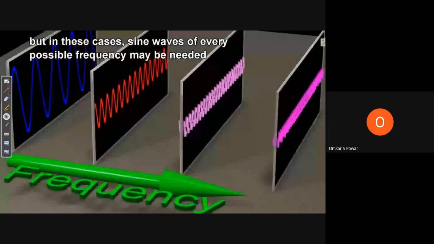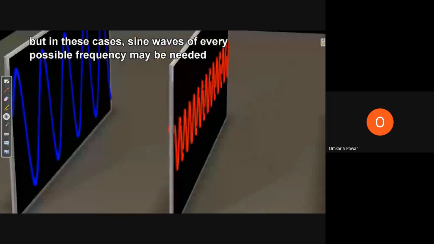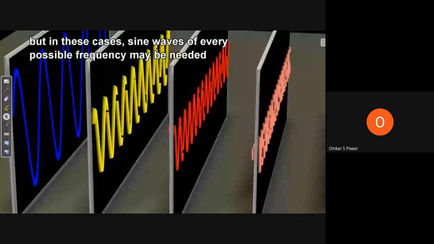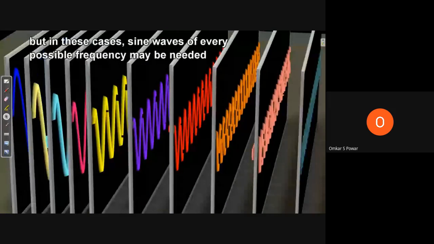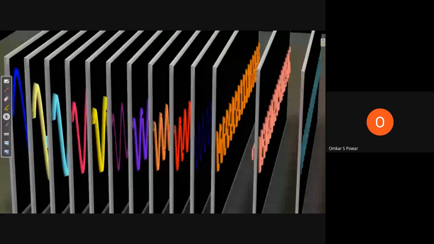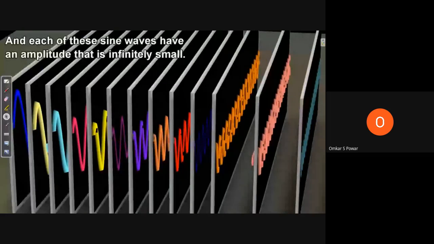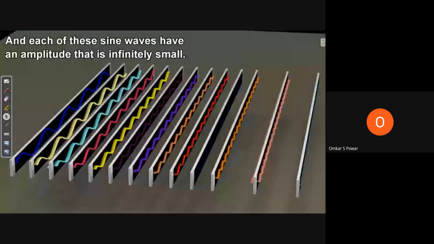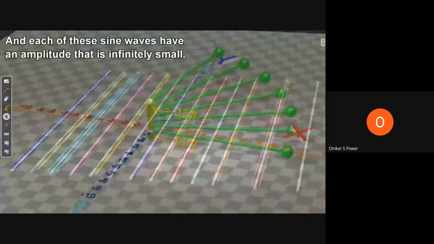You know, video doesn't play properly in classroom because there is some delay while transmitting. So the amplitudes of each sine wave, you can imagine like a bunch of sheets together.